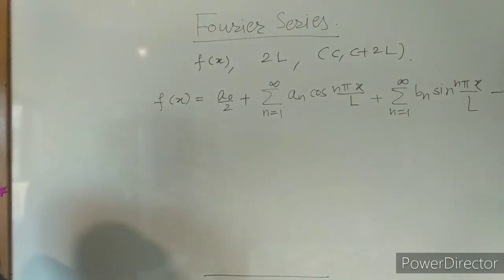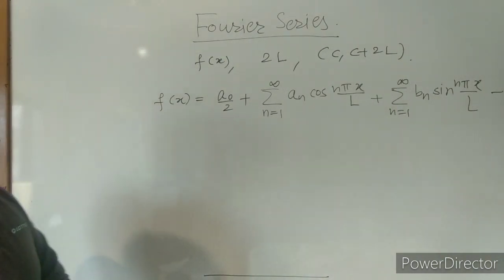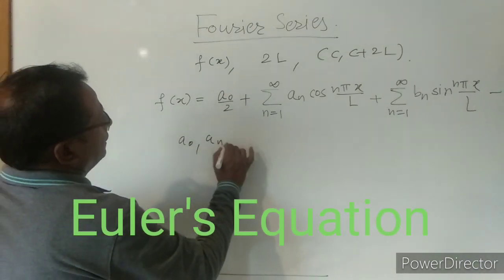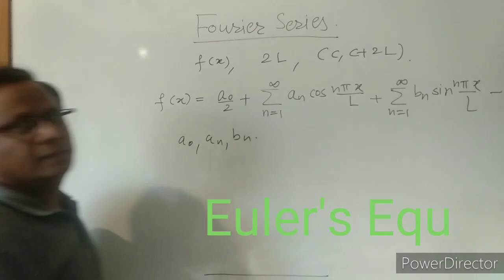This equation 1 is known as the Fourier representation of f of x, where a0, an and bn are obtained by these formulas.